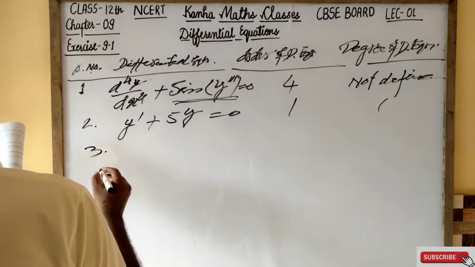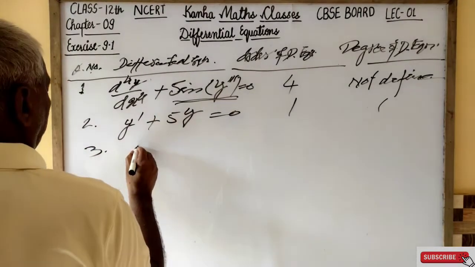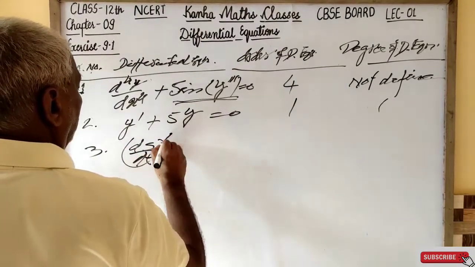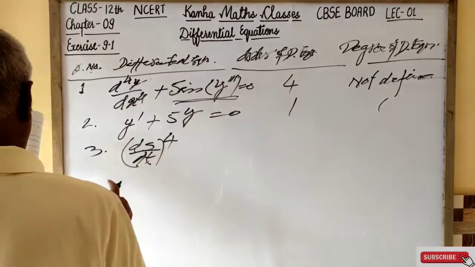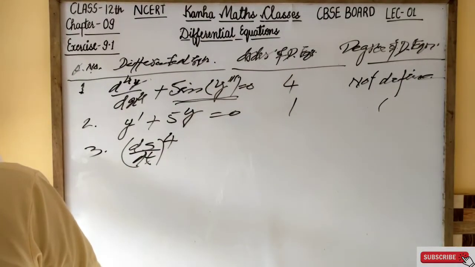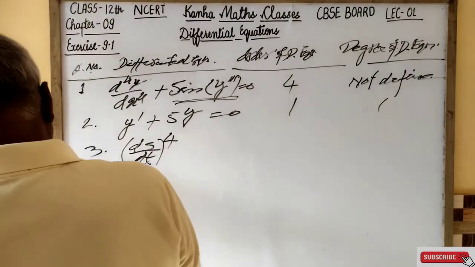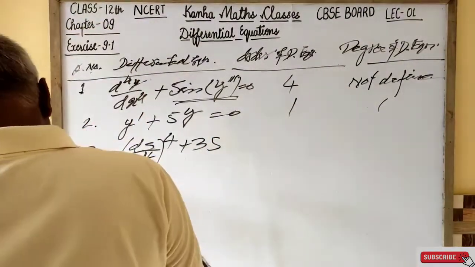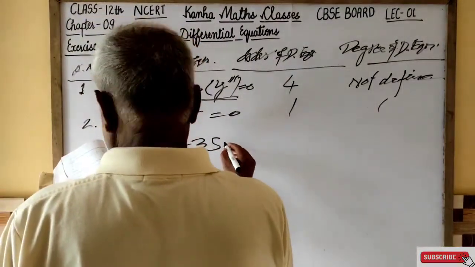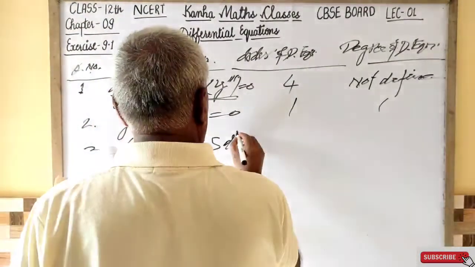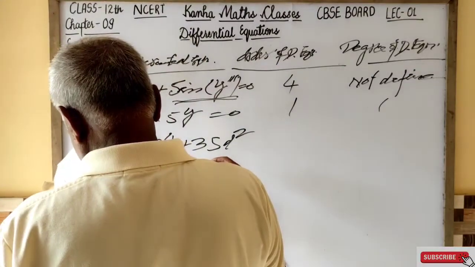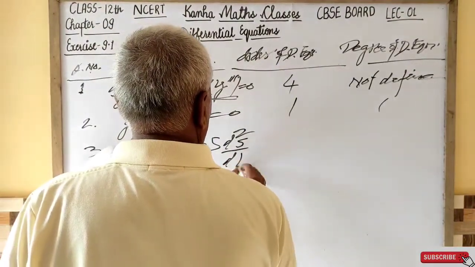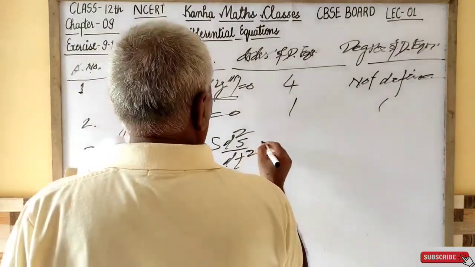This is (ds by dt) to the power 4 plus 3s d square s by dt square is equal to 0.